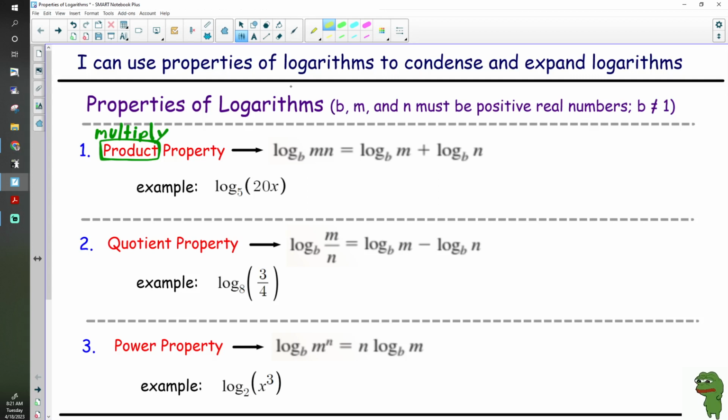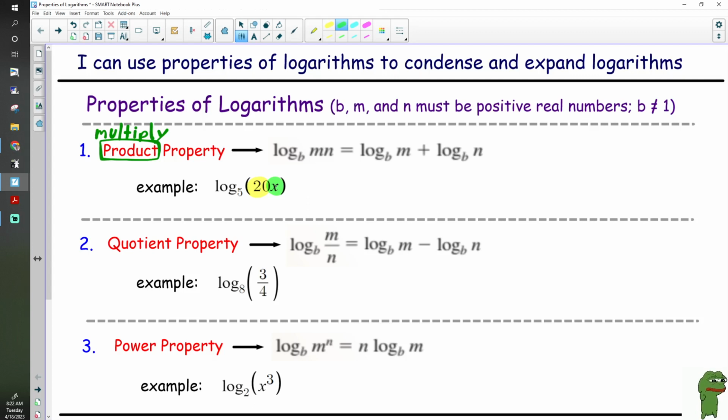If we look at this example, log base 5 of 20x, there are two things being multiplied: 20 times x. See how they're being multiplied on the inside? 20x isn't one thing. That literally means 20 multiplied by x.